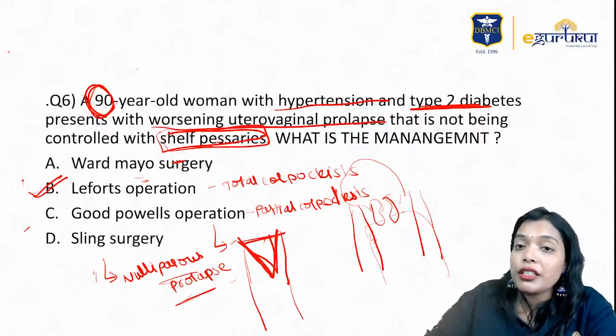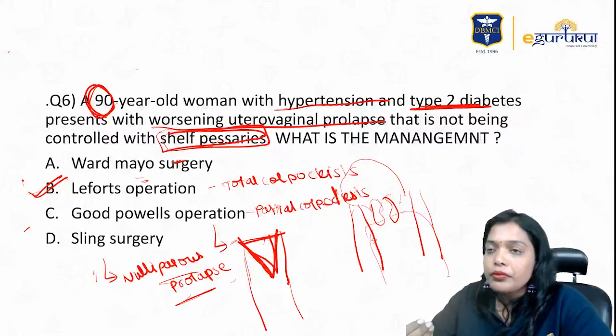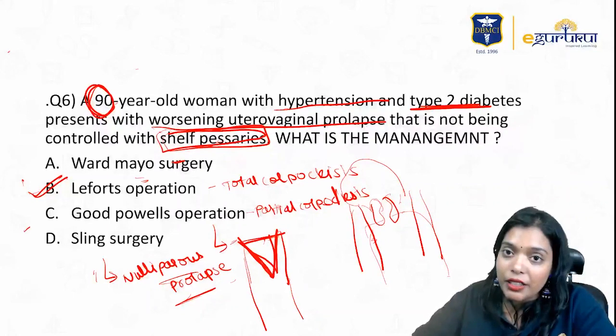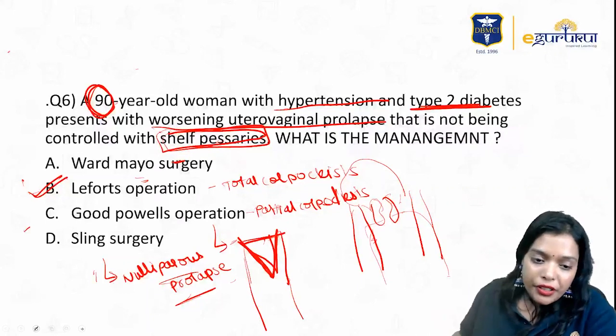Ward Mayo surgery is for those whose family is complete and who are fit for surgeries, like 50 years, 60 years. Ward Mayo's includes vaginal hysterectomy plus anterior colporrhaphy plus posterior colpoperineorrhaphy.